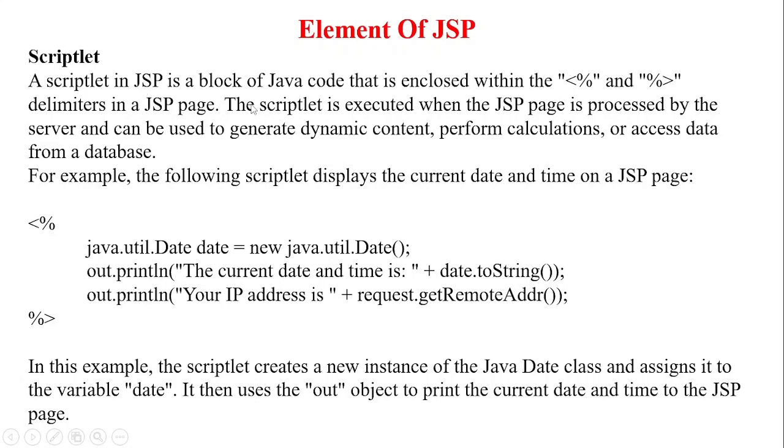A scriptlet is executed when the JSP page is processed by the server, and can be used to generate dynamic content, perform calculations, or access data from a database, and many operations are done by this scriptlet tag.